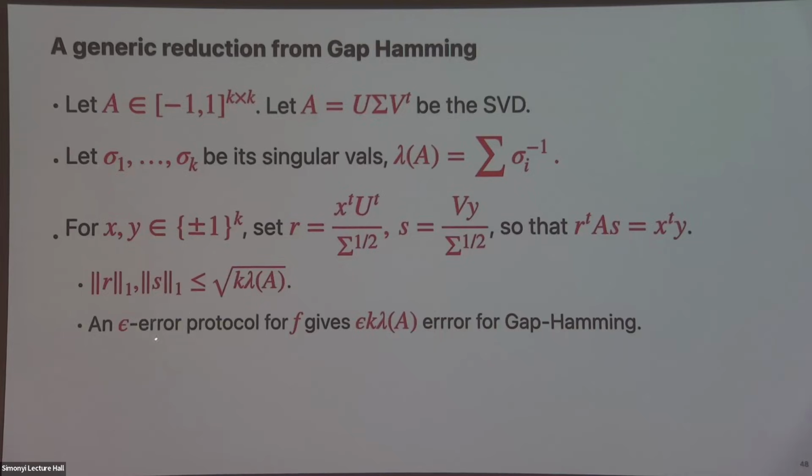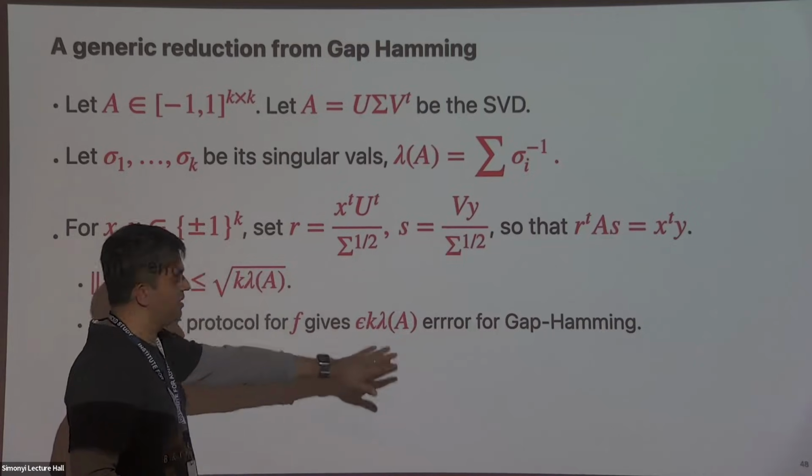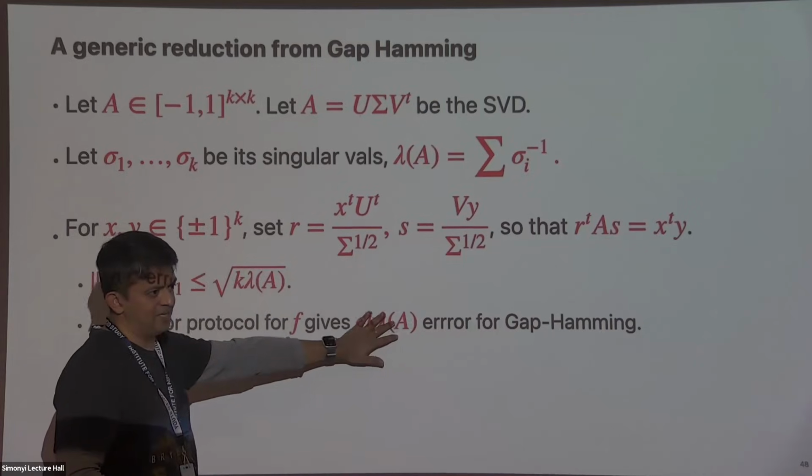So now an epsilon error protocol for F gives us error epsilon times k times lambda A for gap Hamming, right? Because each of these has one norm, which is square root k times lambda A. There's two of them, so it gets squared, right? What was the relation between A and F? Oh, A is just the communication matrix for F. So A for equality would be the identity matrix.